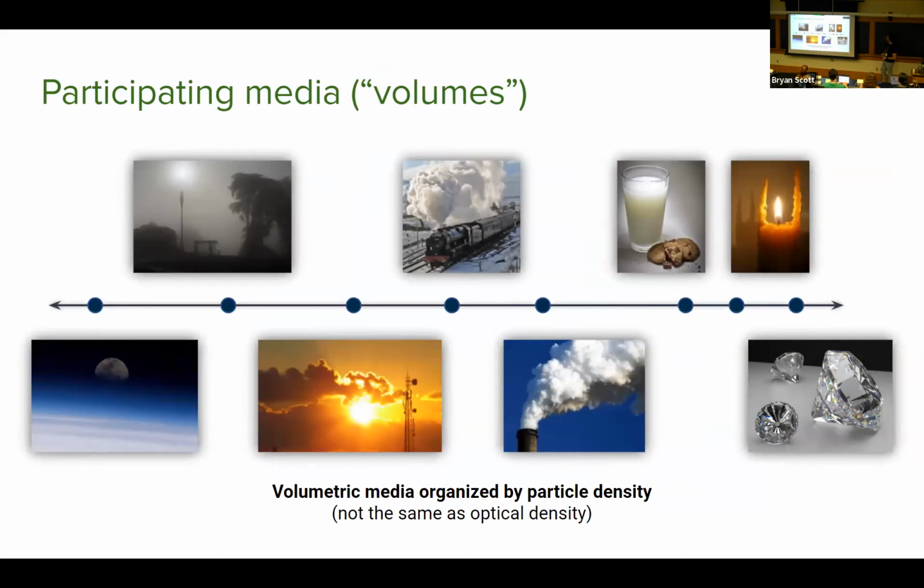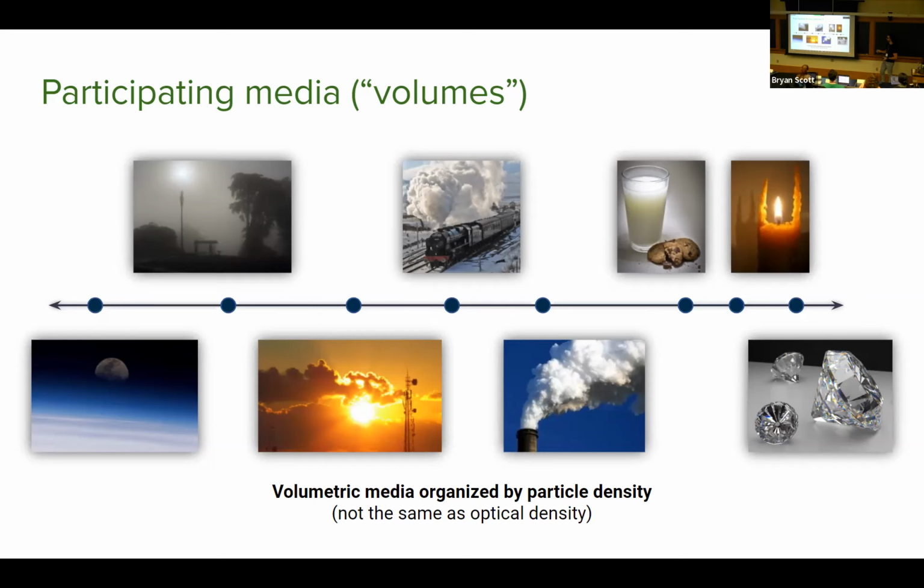In terms of sorting volumes, what types of volumes do you have? There are many ways to do it, but you can think about it in terms of density of particles. The sparsest volumes are very thin gases, like the interstellar medium or our atmosphere. Then you get slightly denser things: fog, clouds, vapor, smoke.